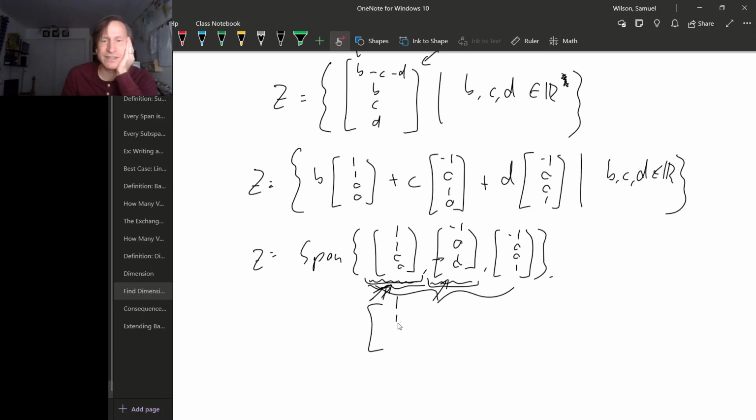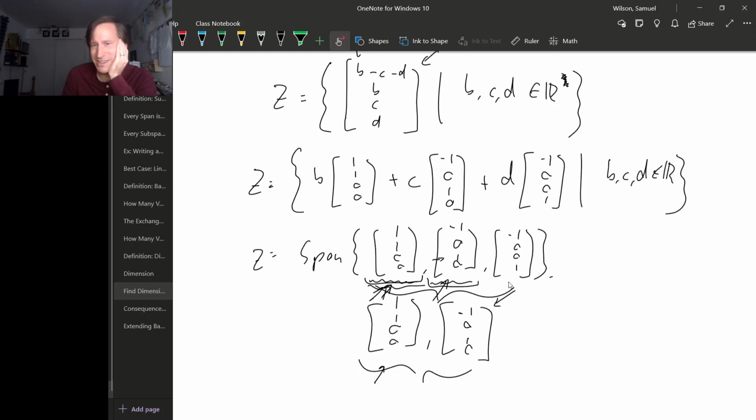So since just the first vector is linearly independent, and the second vector isn't in the span of it, when we add the second vector, this resulting collection is still linearly independent. But we can do that again because this third vector is clearly not in the span of the first two vectors, because the first two vectors have a 0 in the last entry, but this vector doesn't.